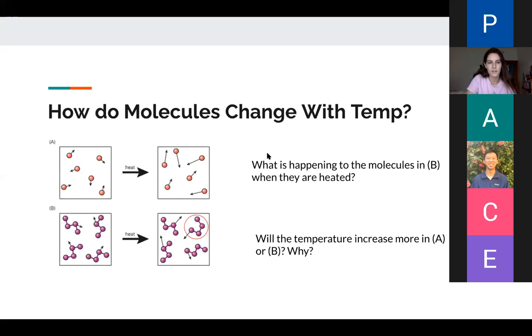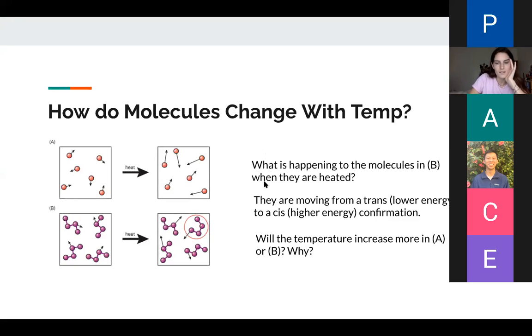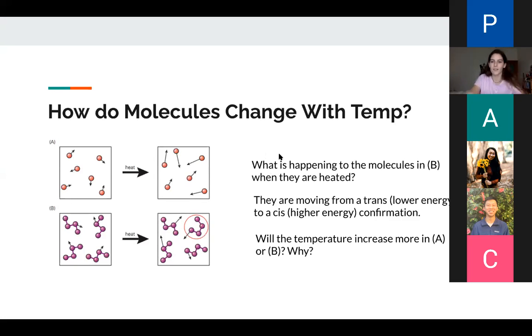So, let's take a look at these pictures. First off, what is happening to the molecules in B when they are heated? If anyone wants to say they can, but if not, I can just. In B, there's a conformational change. Yeah, exactly. So they're moving from a trans conformation to a cis conformation, which is higher energy.